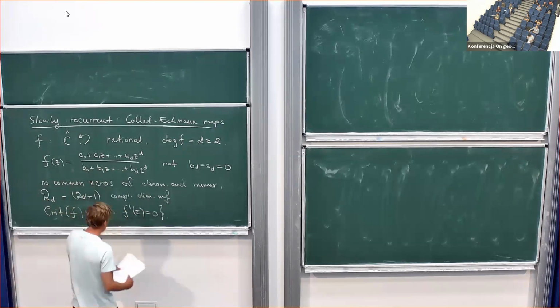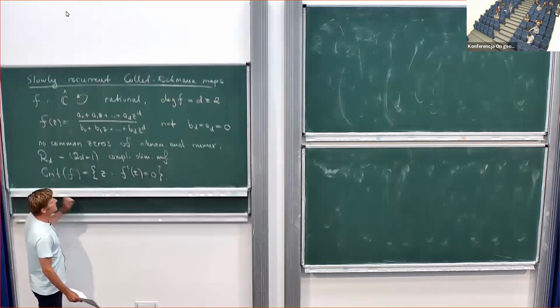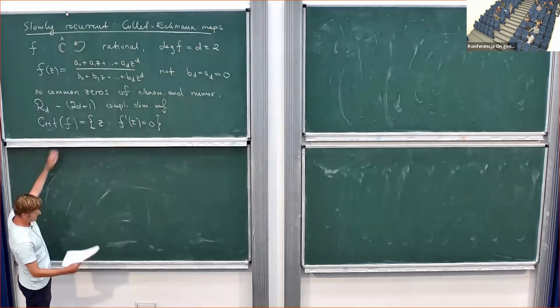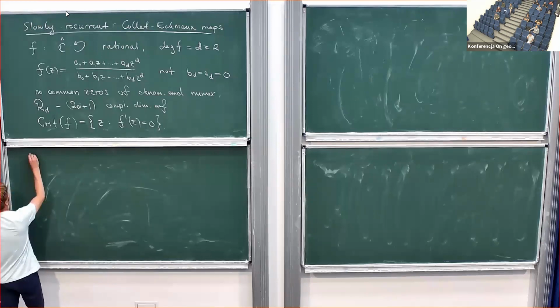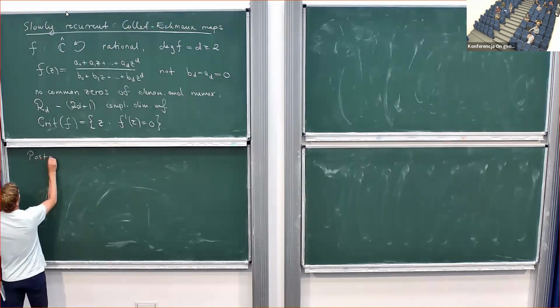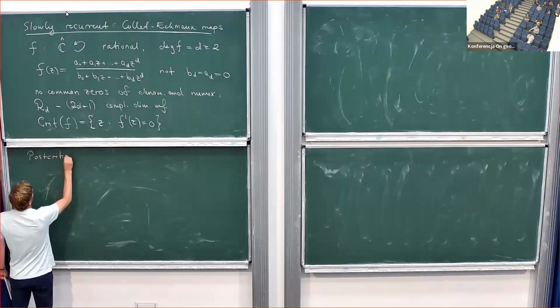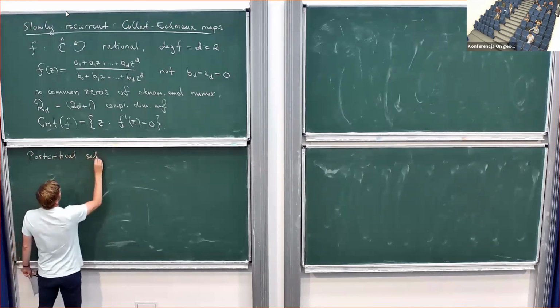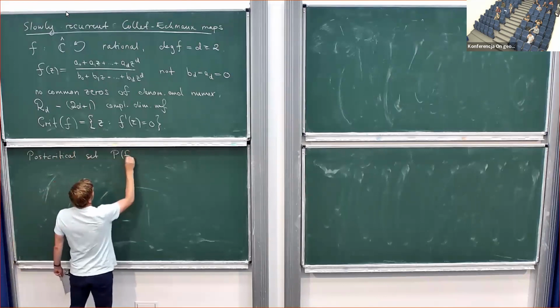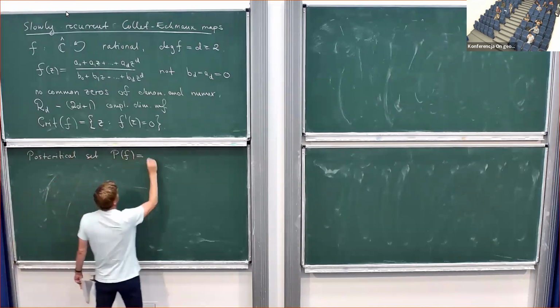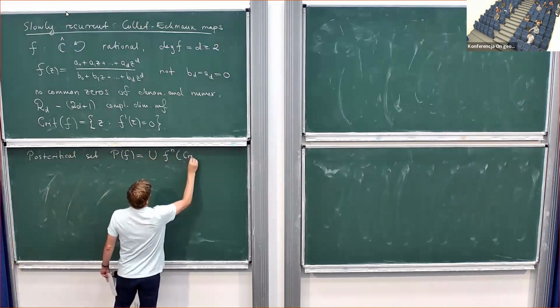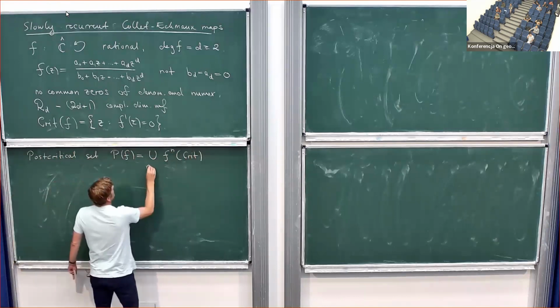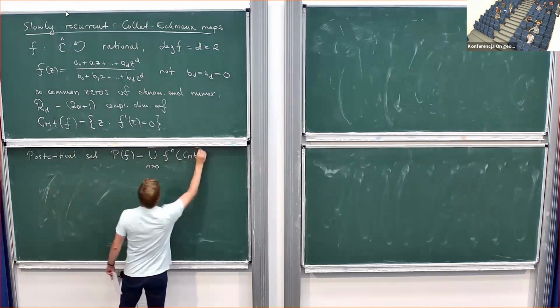And then you have the post-critical set, which is denoted by P_F. This is the forward union of the critical points, and then you take the closure of this thing. And this is the post-critical set.